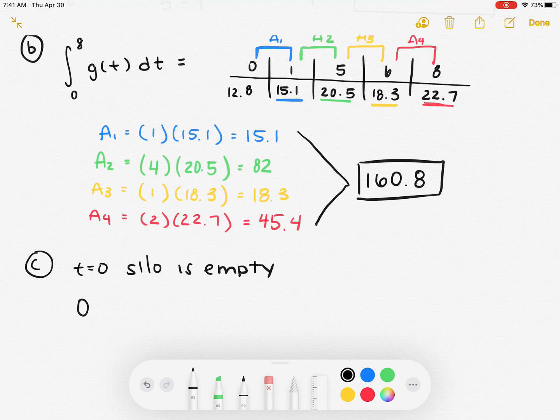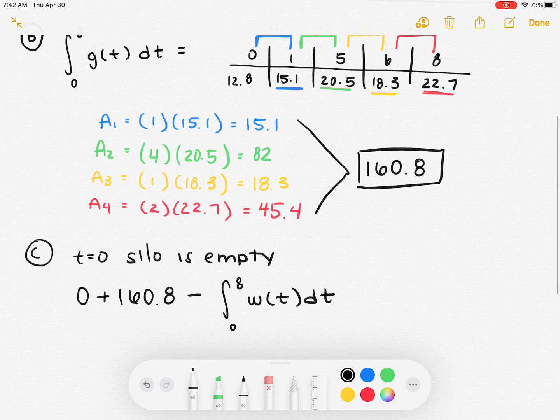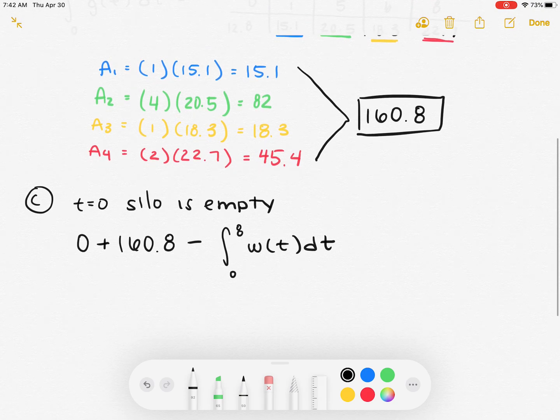So I'm starting with nothing, then I'm adding 160.8, and I'm taking away however much of the grain spoiled, the integral of W of t dt. And then I'm just going to type this right into my calculator in order to get the final answer. I'm going to remember, in order to type in an integral, I hit math 9, and then I type in the actual integral, and it'll spit out the answer for me.